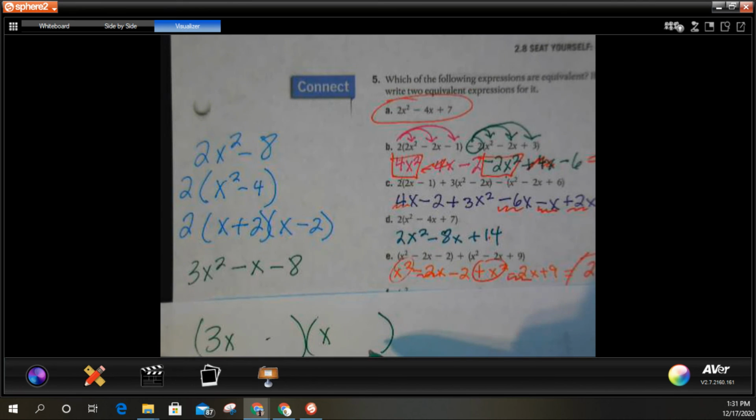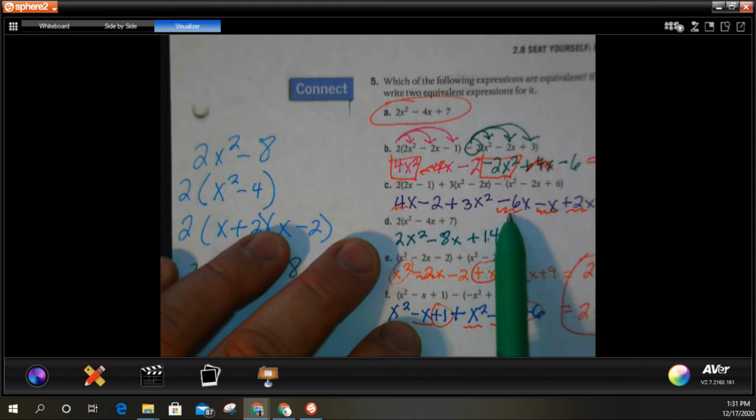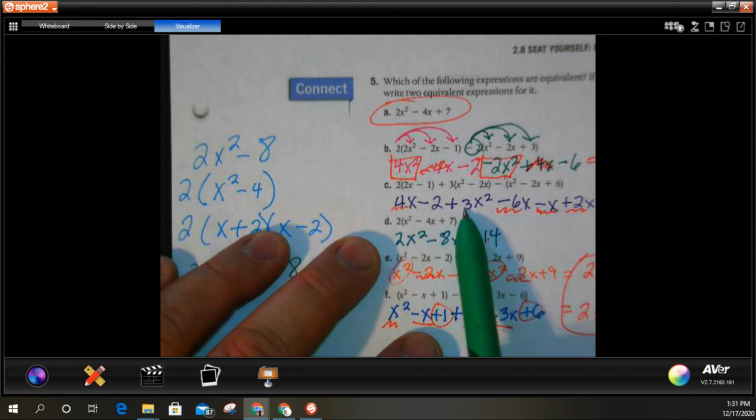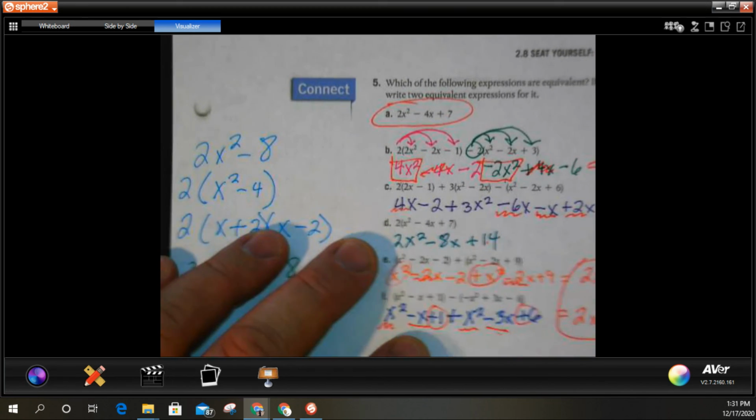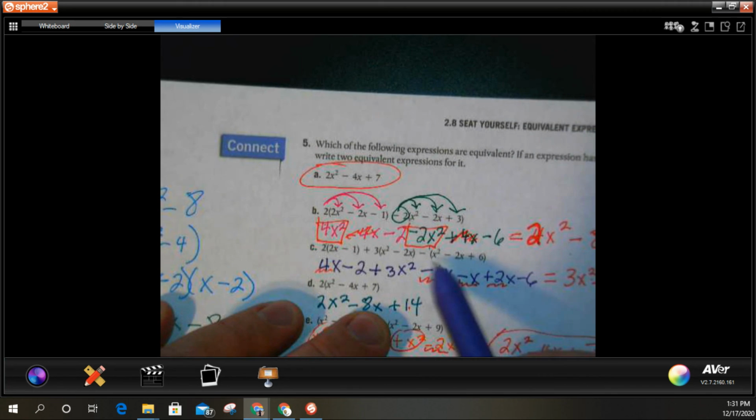So this 3x squared minus x squared is 2x squared. Okay, so negative 6x, positive 4x, positive 2x, that wipes it all out. And a minus 8. So these two are equivalent. Wow, I just did a whole lot of extra work.